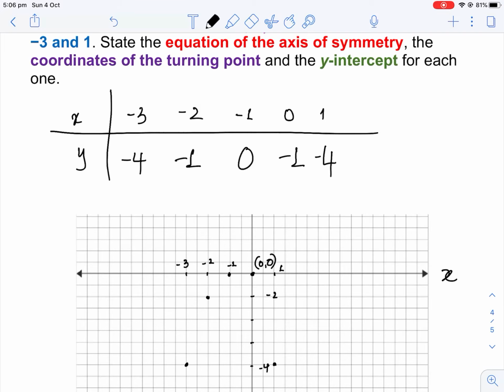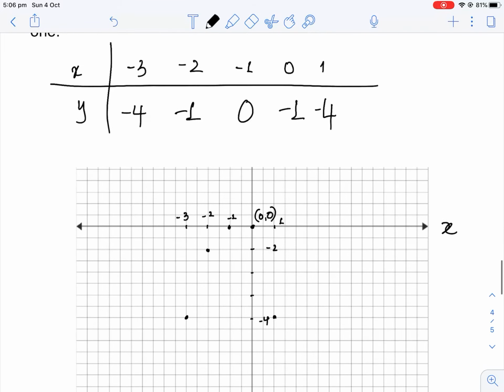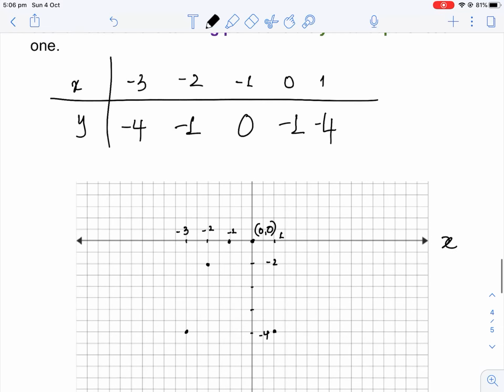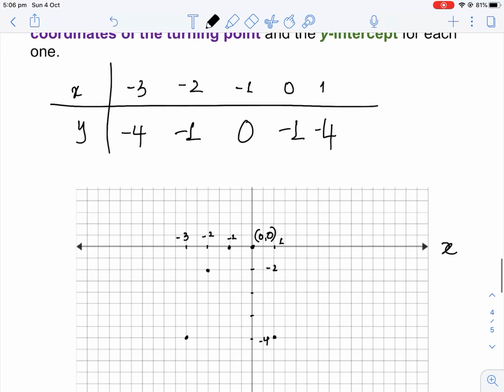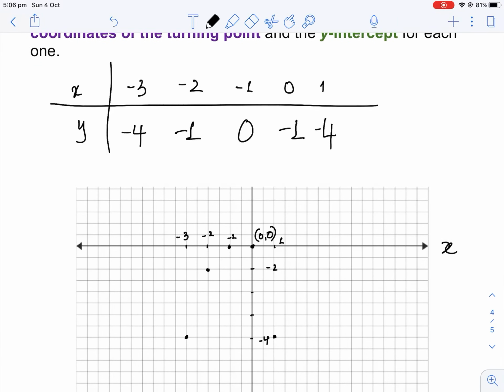And if x equals 0, then y equals negative 1, sorry. It's going to be here. All right. So I plot them all together, I connect them all together, and this is my parabola.